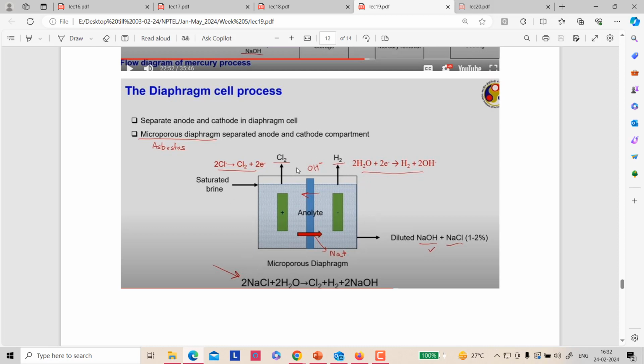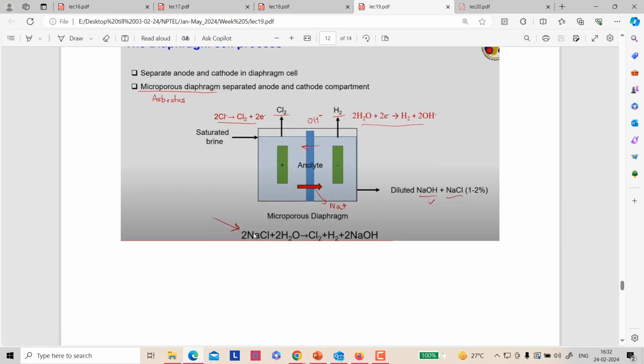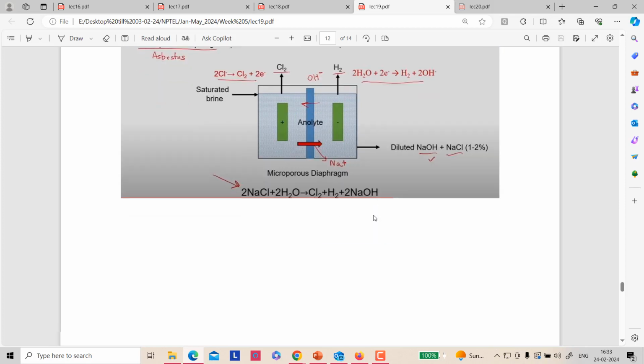Water is also supplied in the chamber, and that is why diluted sodium hydroxide and sodium chloride are present. So here the reaction is NaCl plus H2O produces Cl2 at the anode, H2 at the cathode, and the rest is sodium hydroxide.